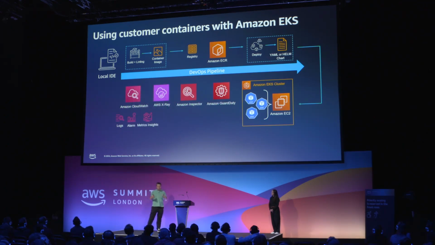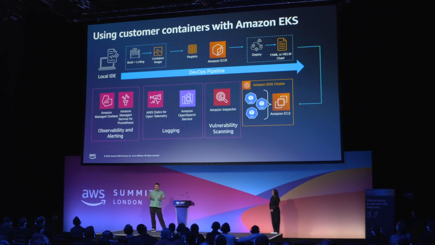So I might use Amazon CloudWatch for my logging, my alerting, and my dashboards. X-Ray for tracing between services. So finding out the communication between service A and service B. Is there latency? Is there an increased error rate, for example? Looking at services like Amazon Inspector for our container image scanning. So looking for CVEs, etc.